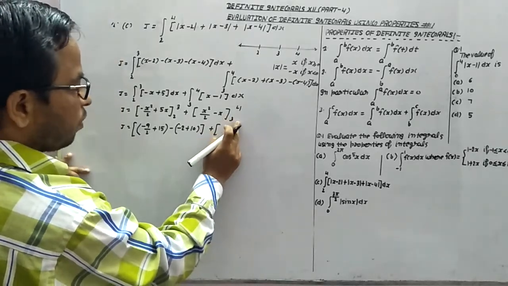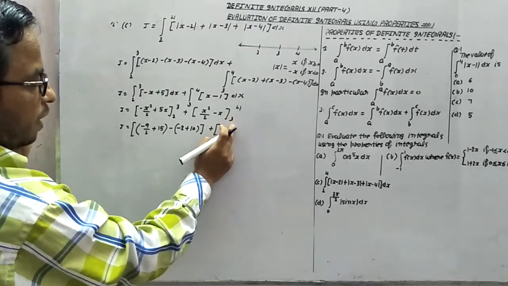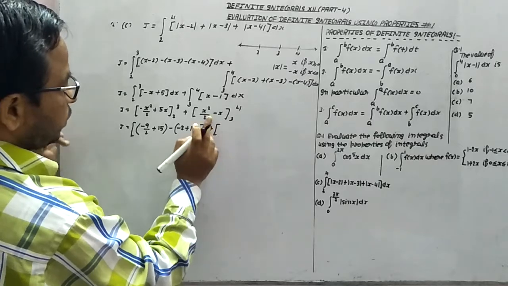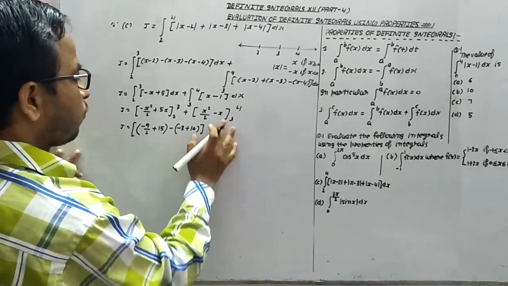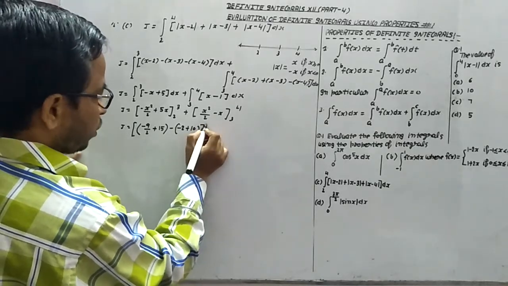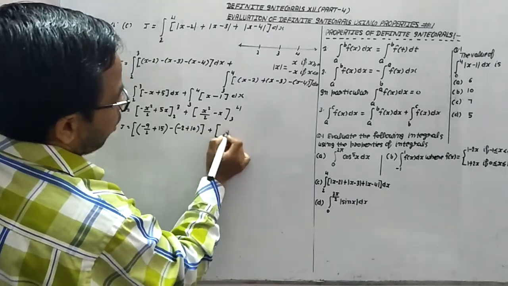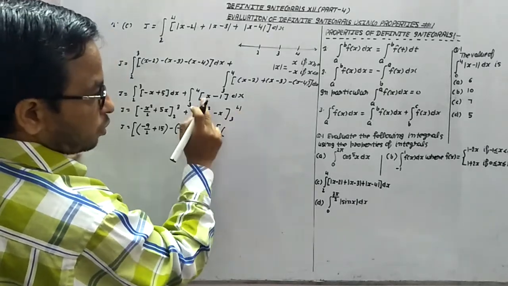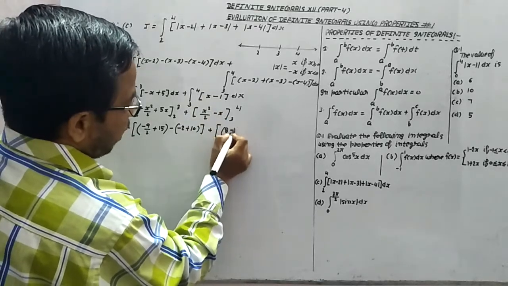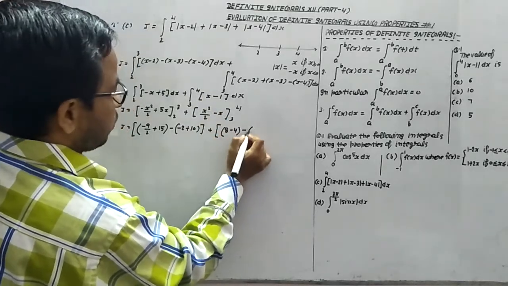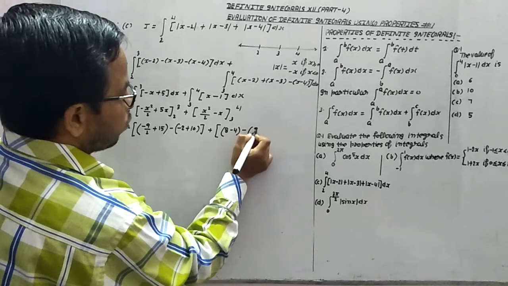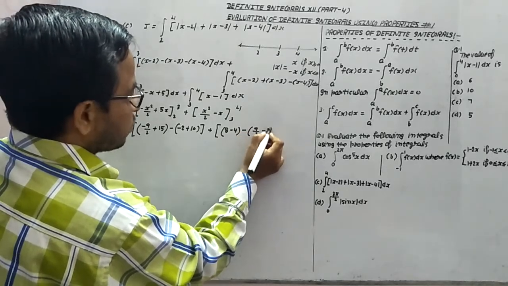Here we will put 3 only. First of all, we are doing this portion, and it is over in this part. Now in this part, upper limit 4. It means 16 by 2 means 8 minus 4 minus, what does this become? 9 by 2, and this is minus 3.